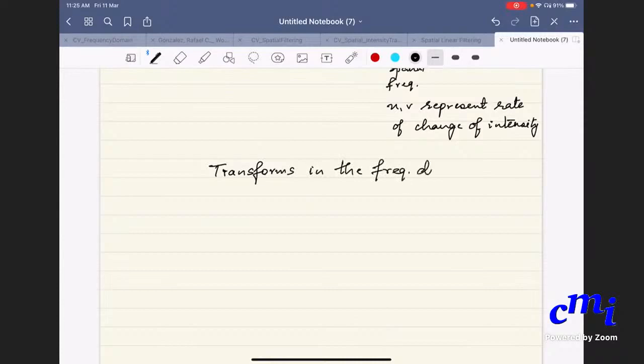In the frequency domain, these could be orthogonal, which means sinusoidal, also called orthogonal transforms, or non-sinusoidal.